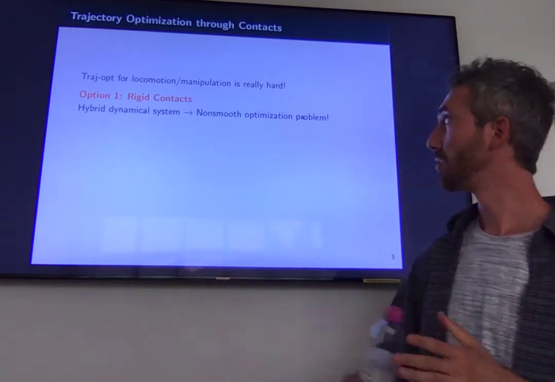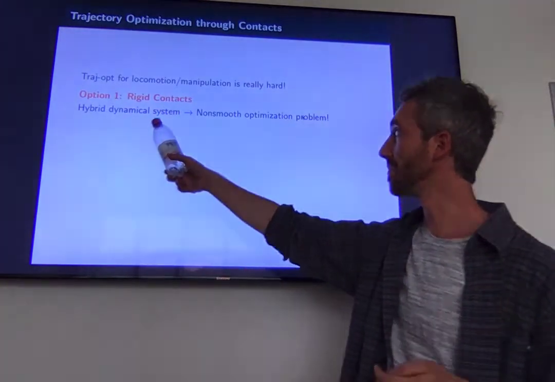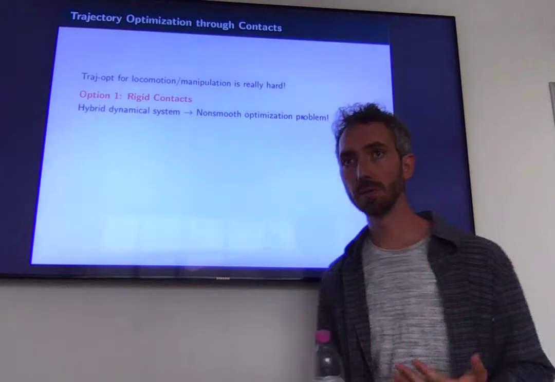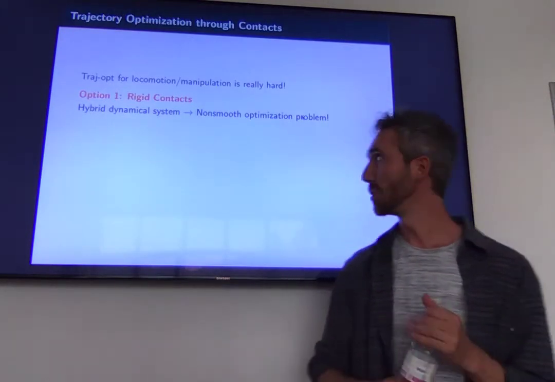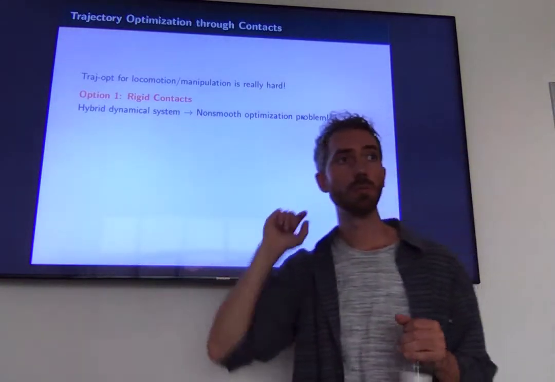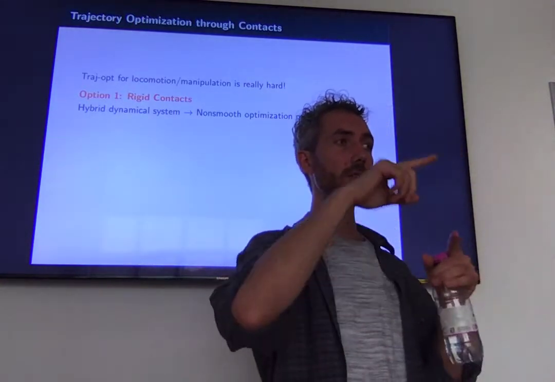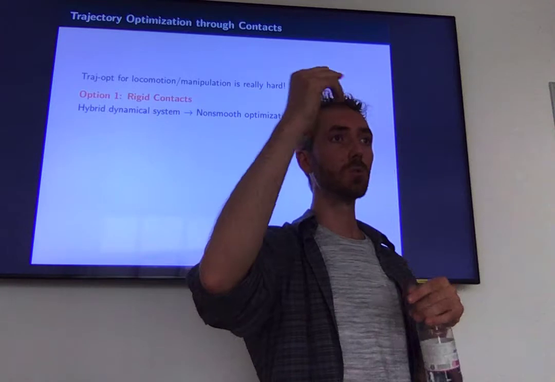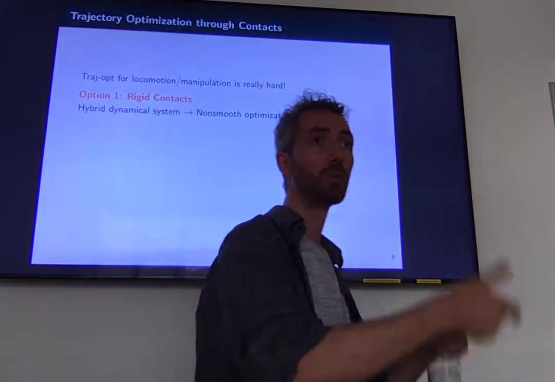If you model it as a hybrid dynamical system and you try to write down the optimal control problem, what you get is a non-smooth optimization problem, because your dynamics basically jumps when you make a contact or when you break a contact.